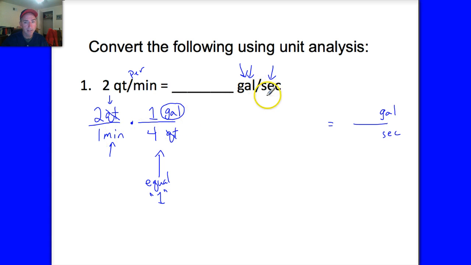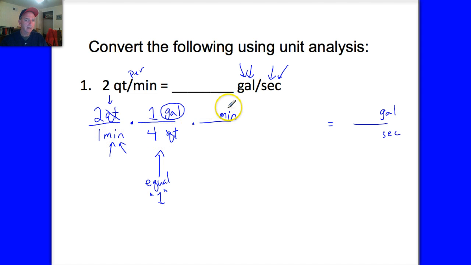But I don't want minutes, I want seconds. So I have to do another multiplication problem. Now let's think about this. I currently have minutes in the denominator. I want to get rid of that. So where does minutes need to be when I multiply this? What's going to make that cancel? It's currently in the denominator. I have to have minutes here, because that will now cancel out.